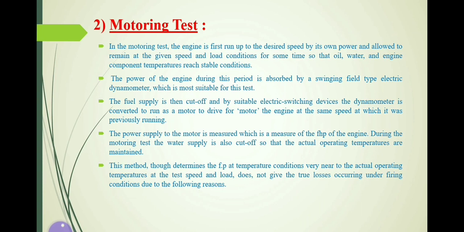That 5 kilowatt is nothing but your friction power, because the brake power was 20 kilowatt, and now the engine is running at the same speed but the input energy is 25 kilowatt. So that 5 kilowatt is the energy wasted when our engine runs at a constant speed. By using this method we are able to find the friction power.